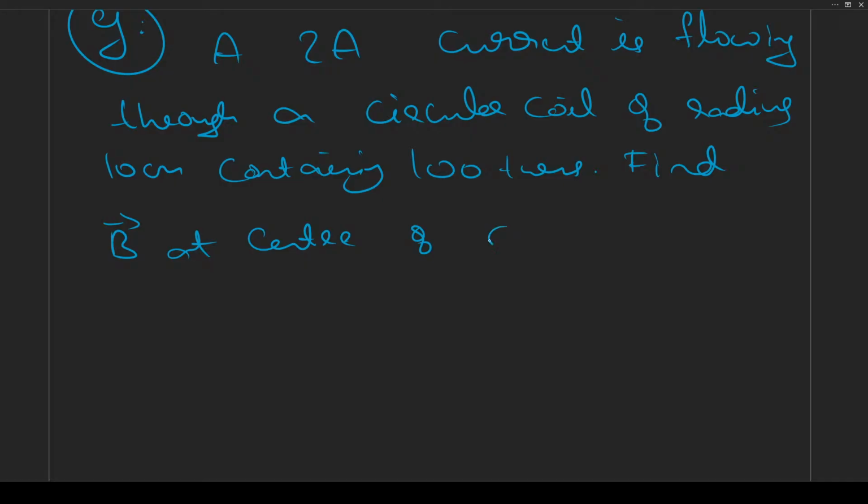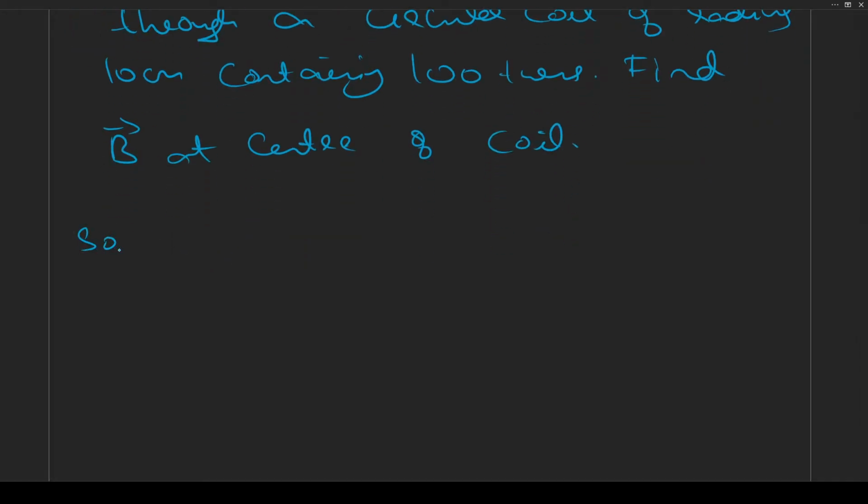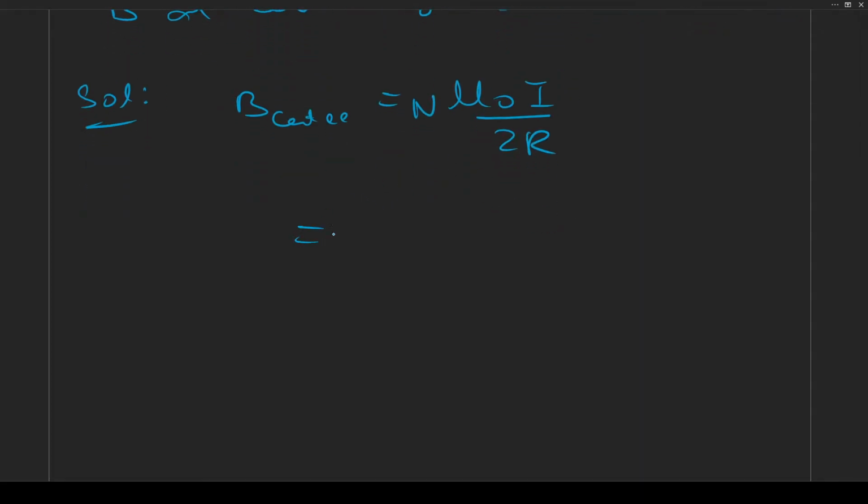We know the formula to be B center, which is equal to n mu naught I by 2r, so number of turns 100.